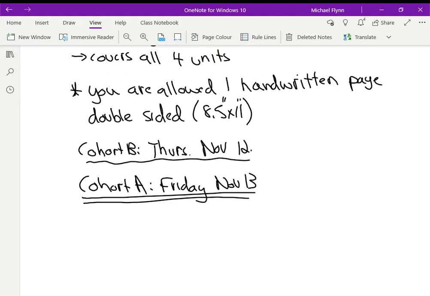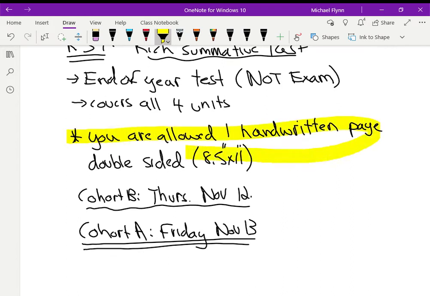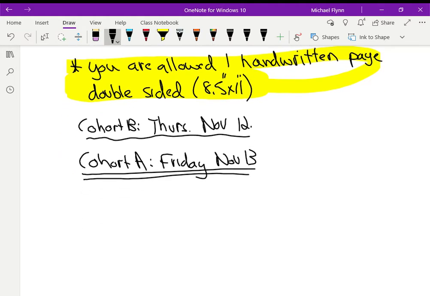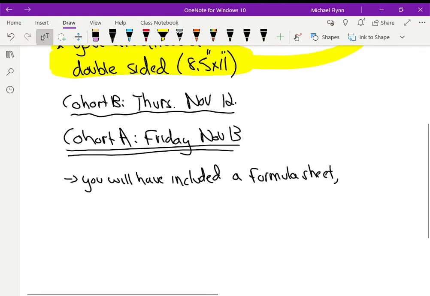So you might want to start preparing this page, your little cheat sheet or whatever you want to call it. Students were asking me today, what do we write on it? Well, you do not need to include a formula sheet, periodic table, all the stuff I normally give you.